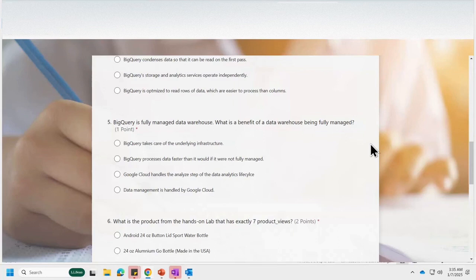Fully managed? I think it's A. Do you know the answer? No.